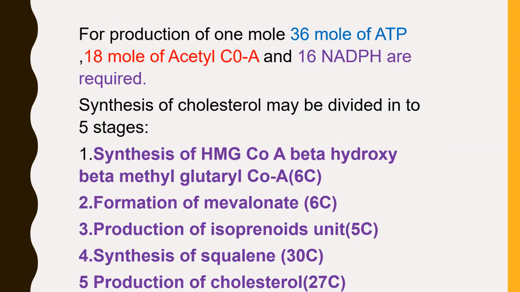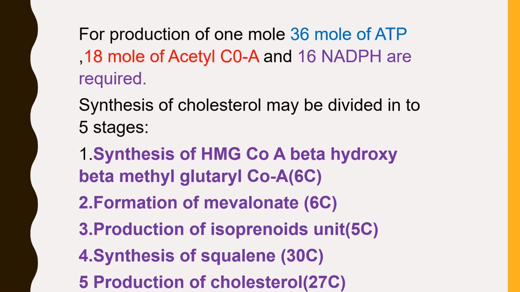For production of 1 molecule of cholesterol, we need 36 molecules of ATP. It means 36 molecules of ATP are consumed during this process. 18 molecules of acetyl coenzyme A are needed as a precursor, and 16 molecules of NADPH are required for energy purpose.